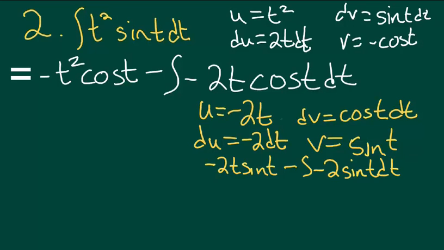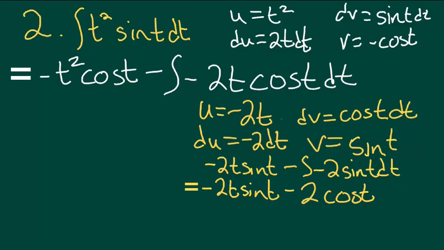And the whole thing is going to be negative 2t sine t minus 2 times the cosine of t, because the derivative of cosine is negative sine.